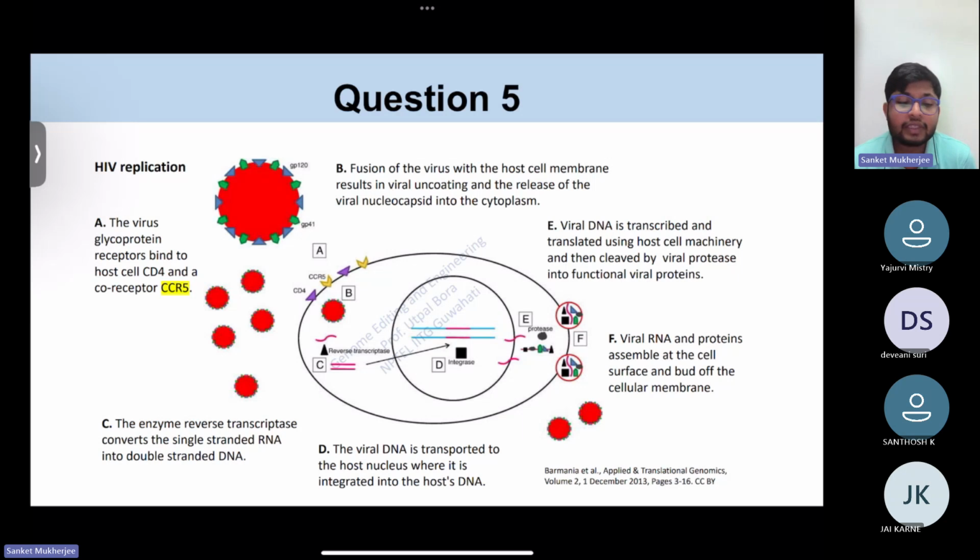But multiple ethical concerns came up, because how would you verify that a person with this mutation is really resistant? You have to infect them with HIV, and that in itself is not ethical. Anyway, that's not the idea. The thing is, these two receptors are involved in internalization of the virus, and then it replicates in the cell.